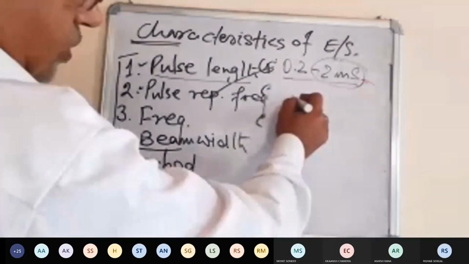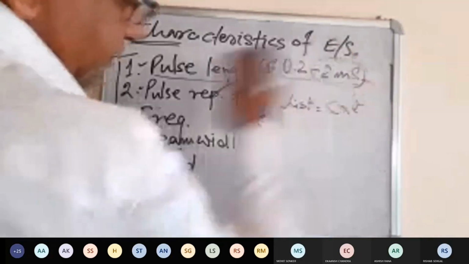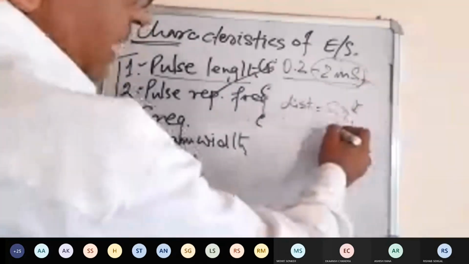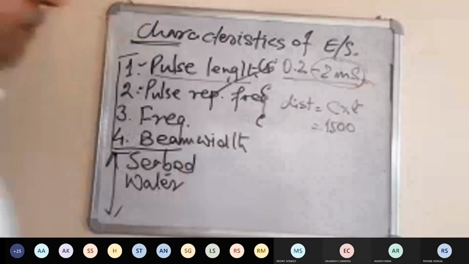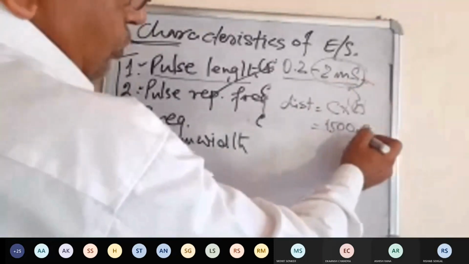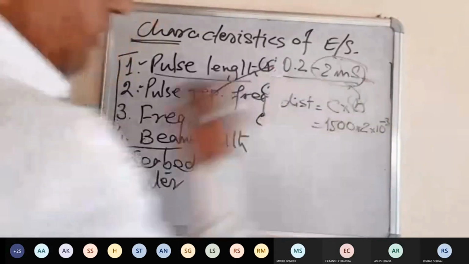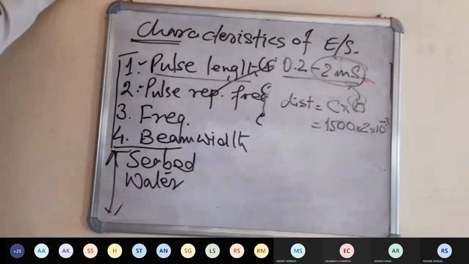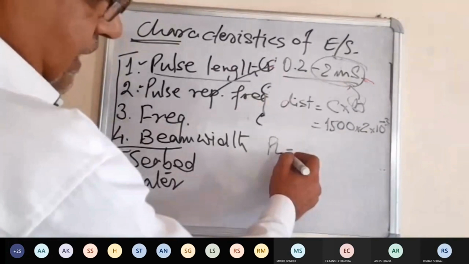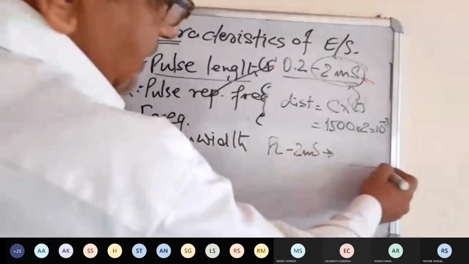Distance we know is equal to C into T. C is 1500 meters per second and T, the pulse length, is 2 milliseconds, that means 2 into 10 to the power minus 3. So how much is the total pulse length distance?